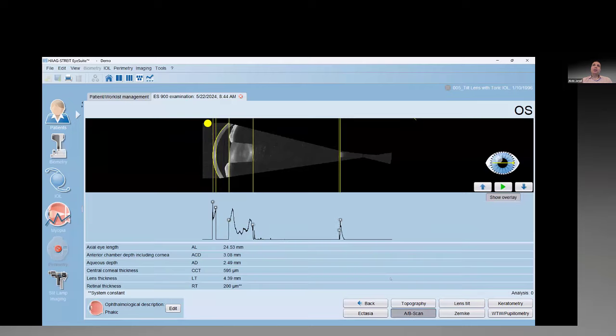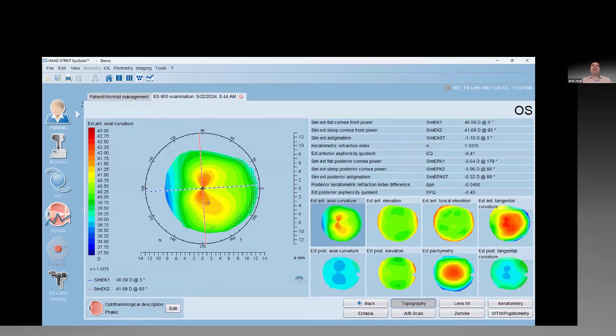Now, if I go to see the A scan, this scan represents the horizontal plane. And if I move my cut to the vertical plane, I see the lens tilt is at the minimum level. So at the vertical, the lens tilt is minimum and my astigmatism is on the vertical.